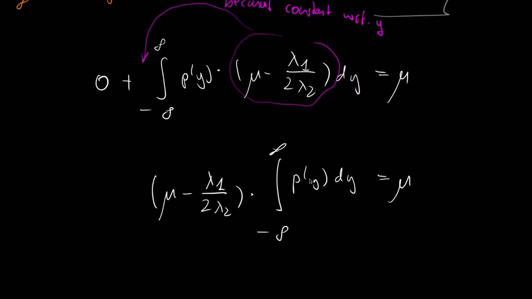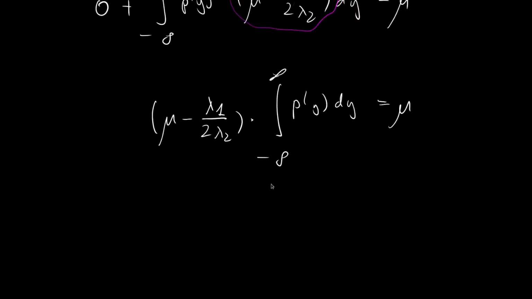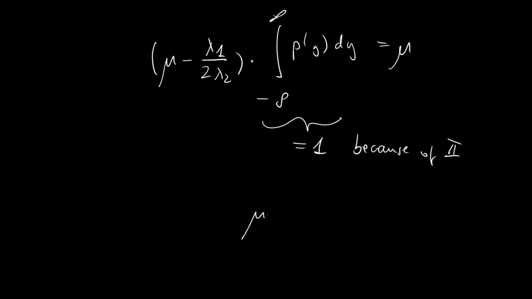We notice this is nothing else than the normalization of our distribution, because we know that if we integrate from minus infinity to plus infinity over any distribution, then equation 2 holds, which was the normalization constraint. So this is 1, because of the second equation or the first constraint. And then we have mu minus lambda 1 over 2 lambda 2 is mu.